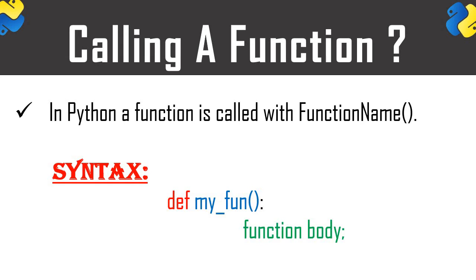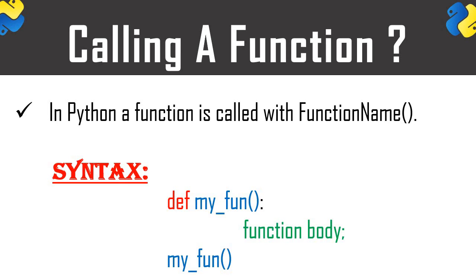It doesn't matter what is written in it. Now here comes the calling of the function. We call the function using its name, my_fun. That's it. When we call it, the function will be called by the interpreter and the implementation of the code will be executed line by line. I hope you guys are clear with the calling and defining of the function.